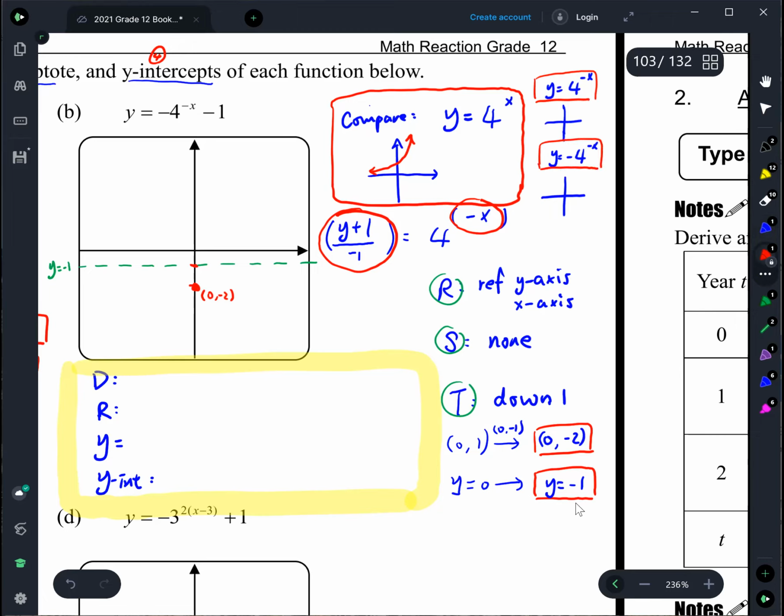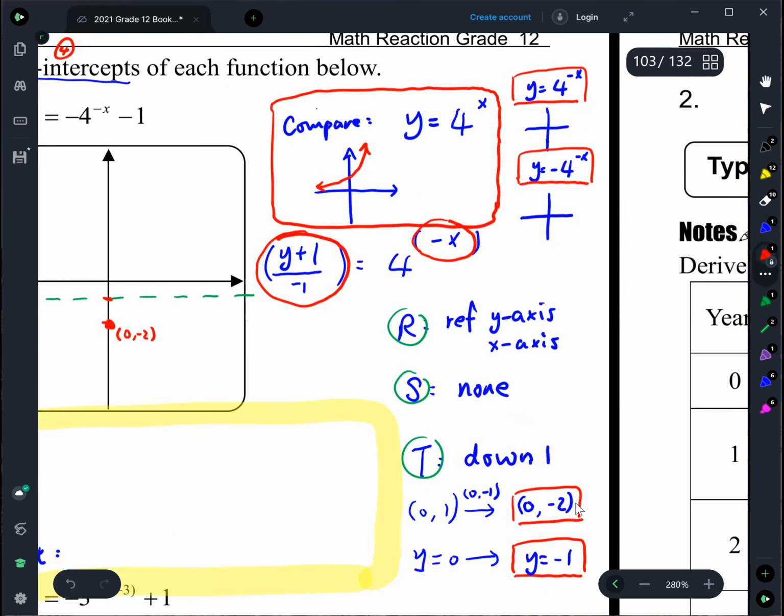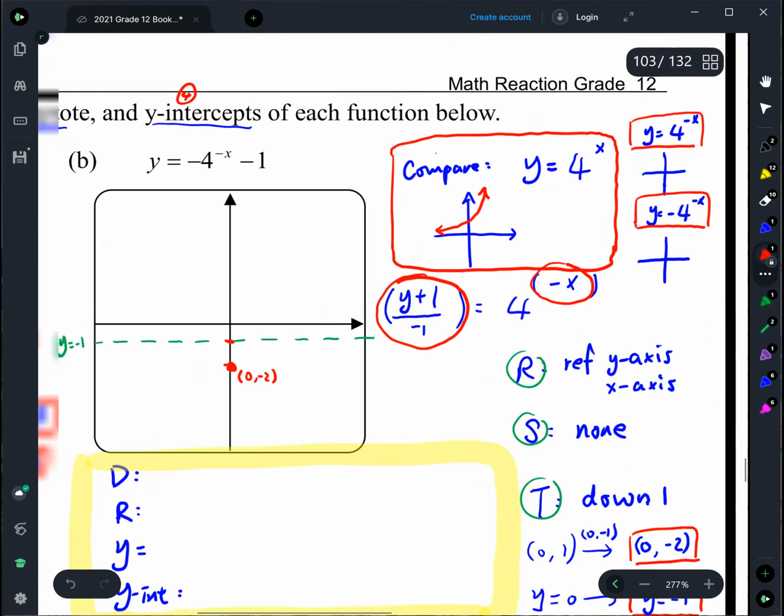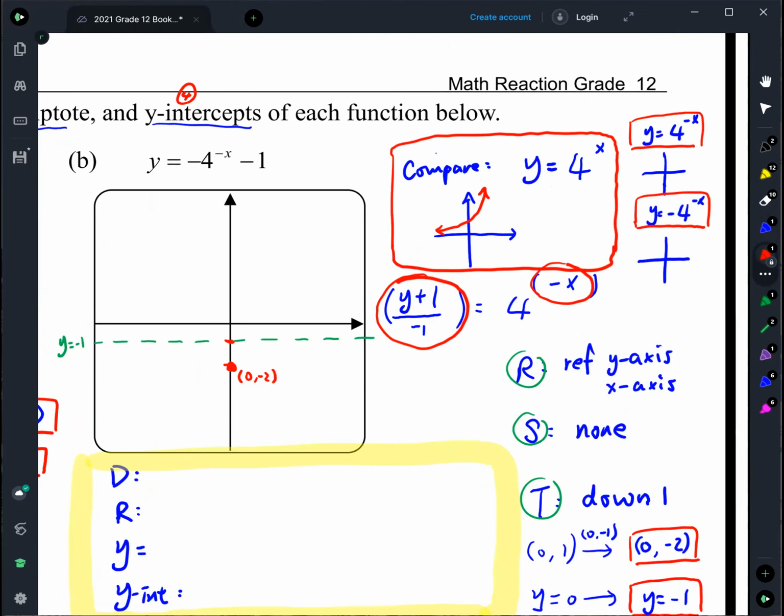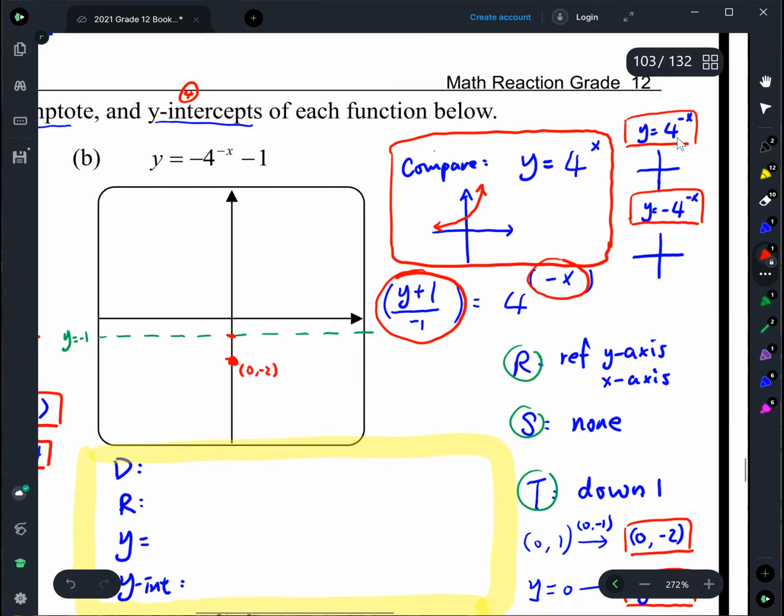Okay, Angela, how about you try one by one over here? Should I do the y-axis or the x first? Okay, so you look at the top right corner. Do you see I wrote down y equals 4 to the negative x? That one is flipping over which axis? The one in the red box, let me highlight that.